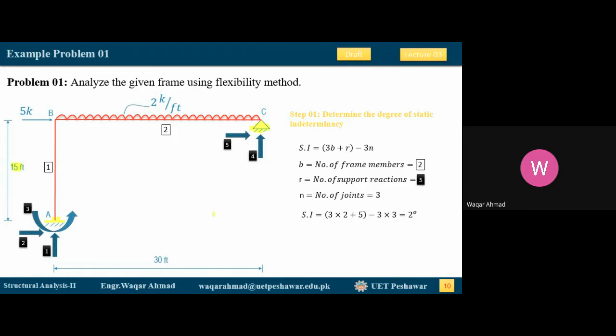So if you plug all these values into this equation, you get 3 times the number of frame members plus the support reactions minus the available equations. So this gives you a static indeterminacy of 2 degrees.